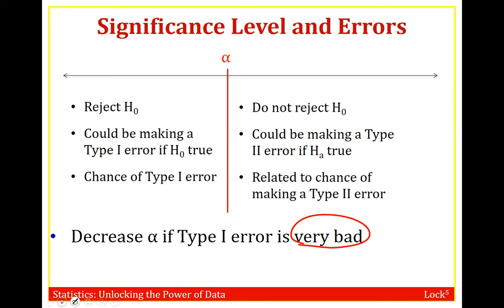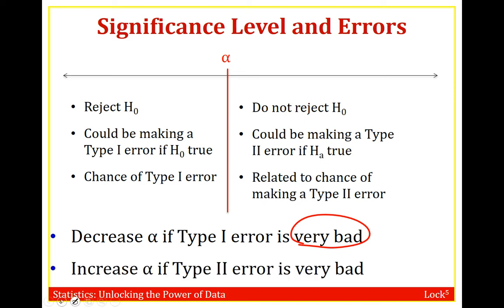But if by failing to reject, I did not reject H0, and that was bad, and I'm making a type 2 error, I'm going to increase the alpha level. This screen right here is a really important screen for understanding the adjustment of the significance level. On a type 1, you take it down. On a type 2, you take it up if it's causing something which is very bad in the scenario you're dealing with. We'll make that decision here in a second.